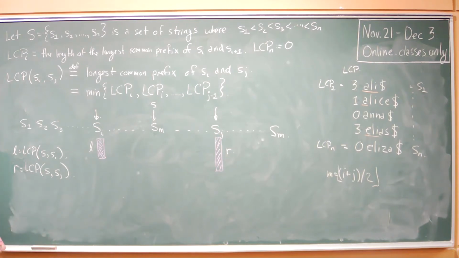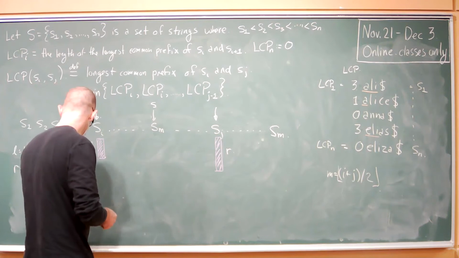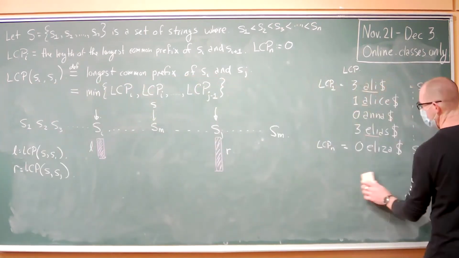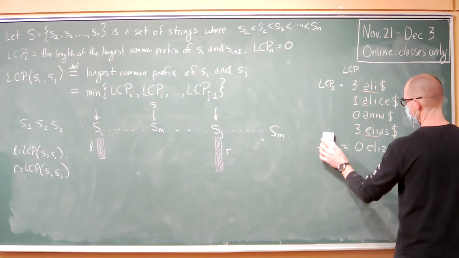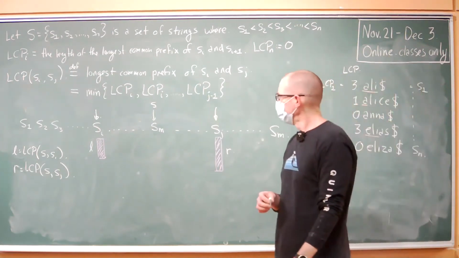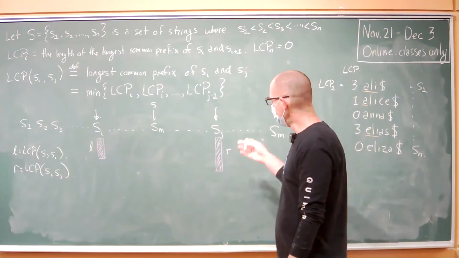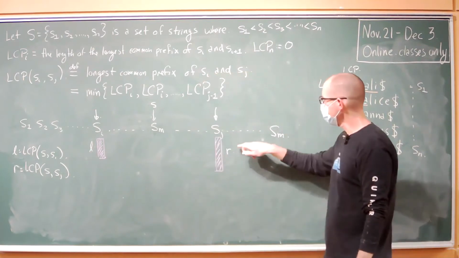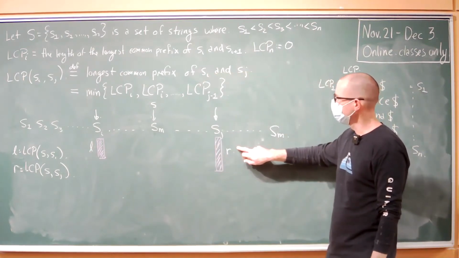Okay. So let's look at the things that can happen. For now, we'll assume that L is less than or equal to R, like in this picture.